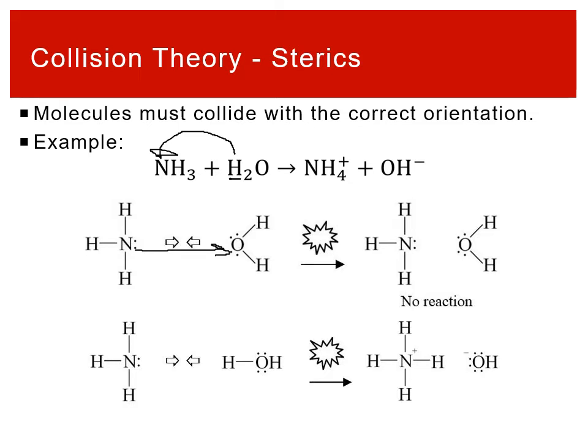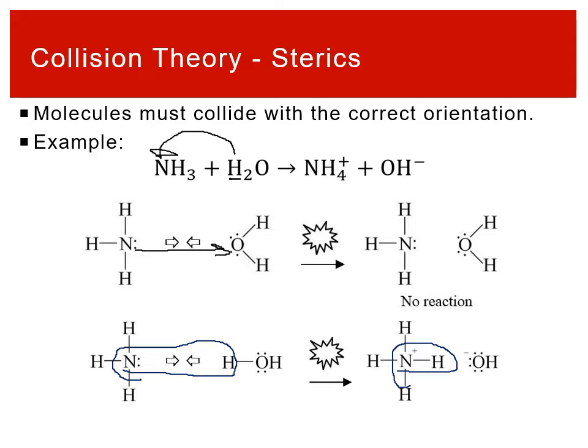In order for the collision to occur, if you are looking to form a bond between a nitrogen atom and a hydrogen atom, the molecules need to collide such that those two atoms make contact. If they're going to be joined by a chemical bond in the product, when the two initial reactant molecules collide, those two atoms need to touch.